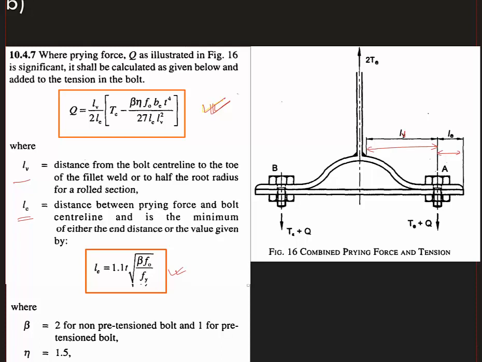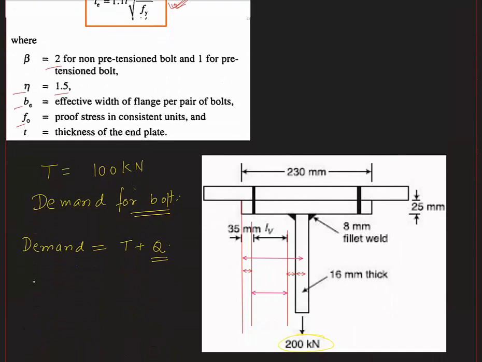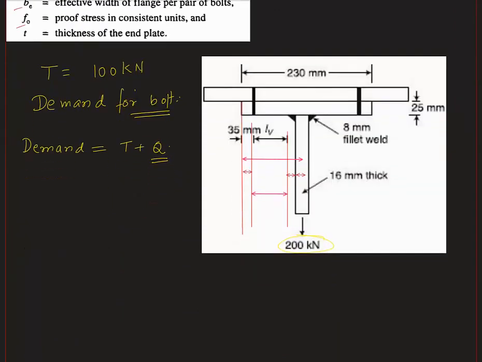In this formula the different terms are L_v, and this is the distance L_v. L_e is this distance. So basically in that case I have to consider two terms, and then I have to find the minimum of that. So one distance is this, and another distance I have to find using this formula. Beta is a constant, that is 2, eta is another constant, and then b_e, f_o and t. Let us find these terms for the particular problem that is given here.